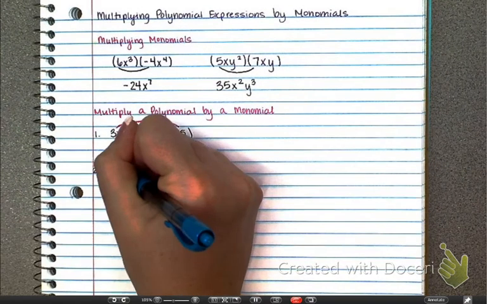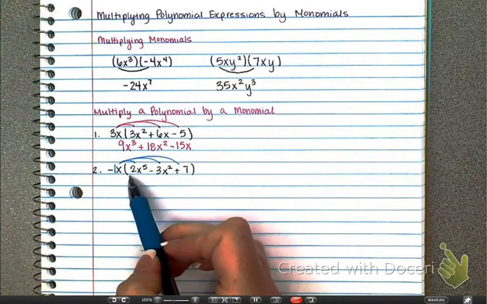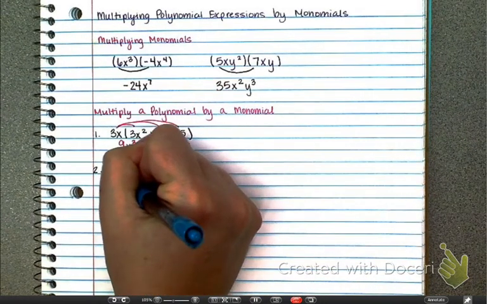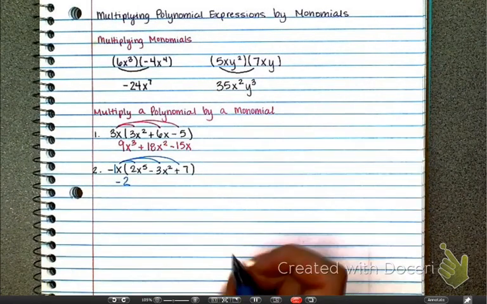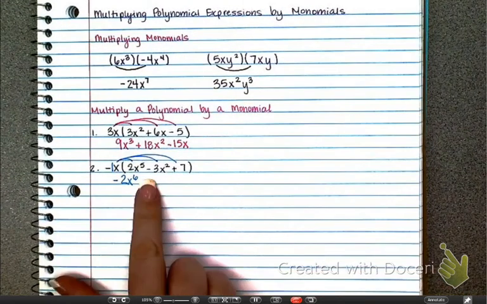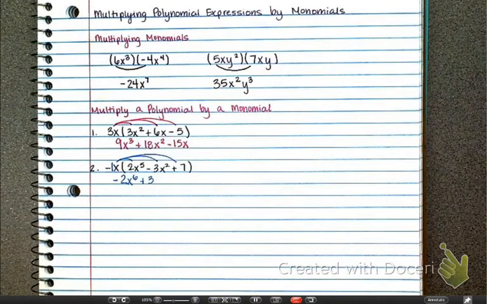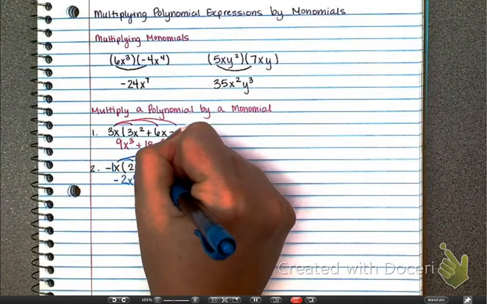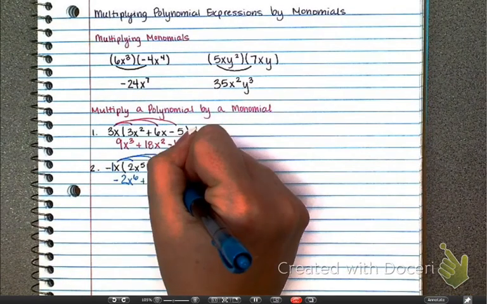Technically, it's a negative 1, right? So negative 1 times 2 is negative 2x to the sixth, because we add our exponents. Then I have a negative 1 times negative 3, which is a positive 3x to the third. And then negative 1x times a positive 7 is a negative 7x.